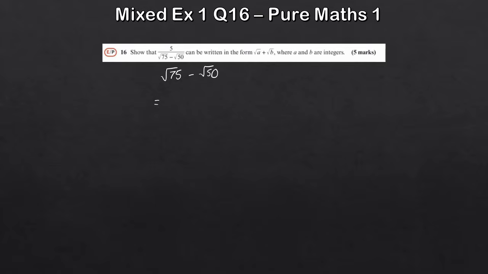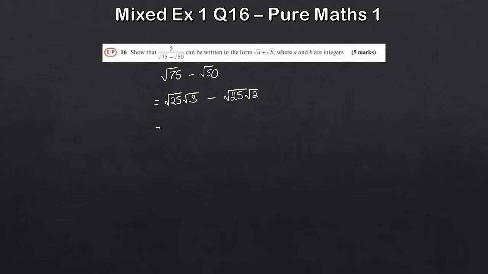But because root 25 goes into both of them, 75 is divisible by 25, 50 is divisible by 25, I'm just going to use that because that will be my biggest square number. So this will be root 25 times root 3, and then this will be minus root 25 root 2.